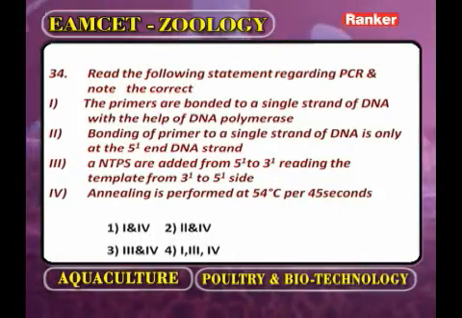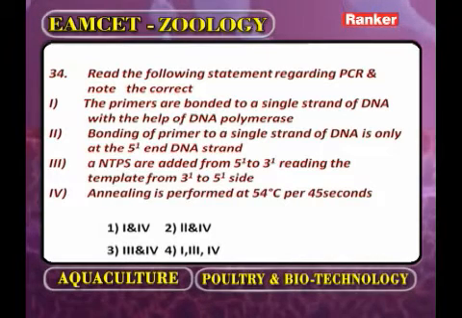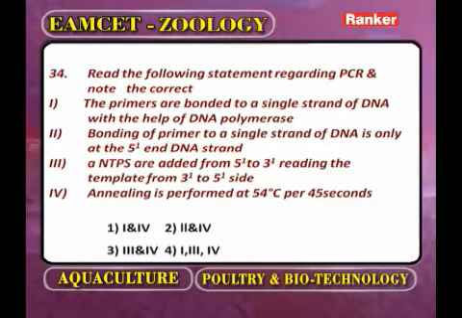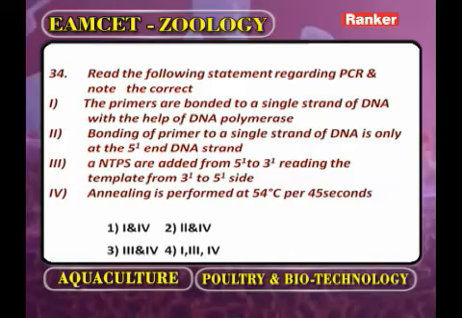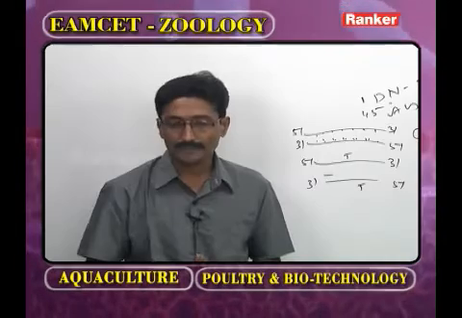Now, read the following statements regarding the PCR and note the correct ones. The primers are attached to a single strand of DNA with the help of DNA polymerase. We are using the RNA polymerase.